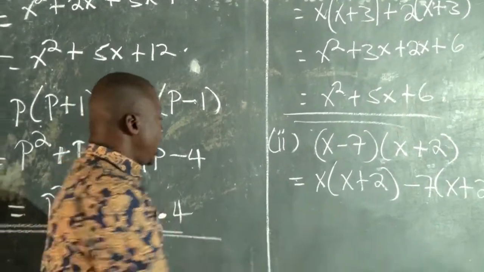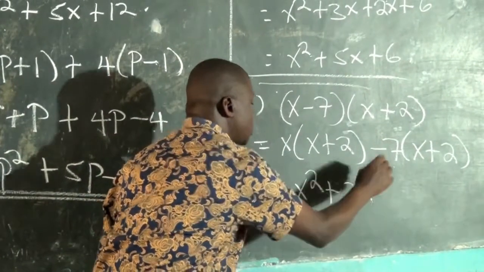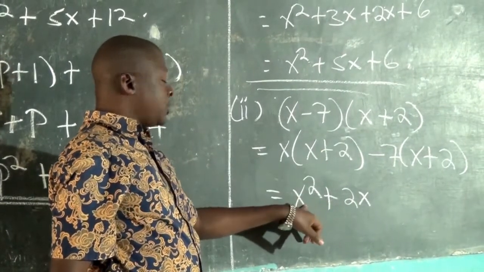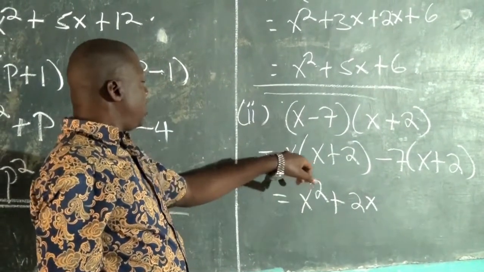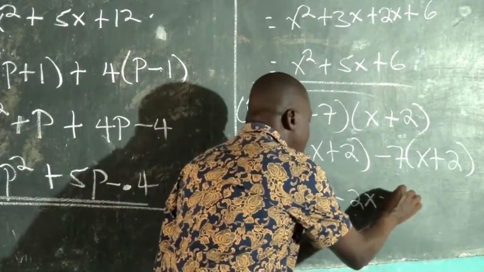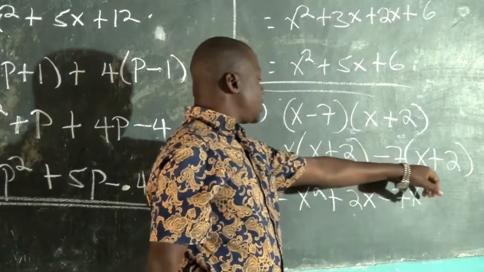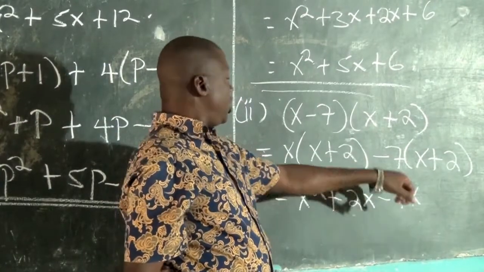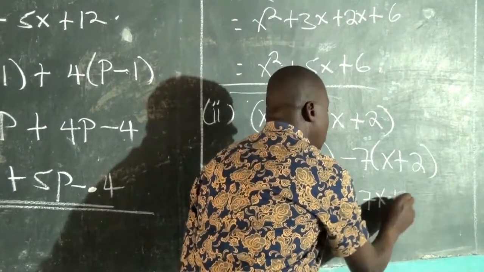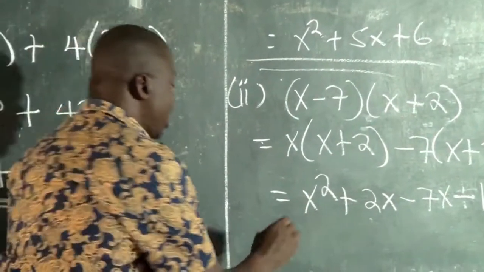For this case, we have x squared plus 2x. When you multiply x by x, it gives x squared. Then x times 2, it gives 2x. We have negative 7x. That is negative 7 times x, it gives negative 7x. Then negative 7 times 2, it gives negative 14. We collect like terms.